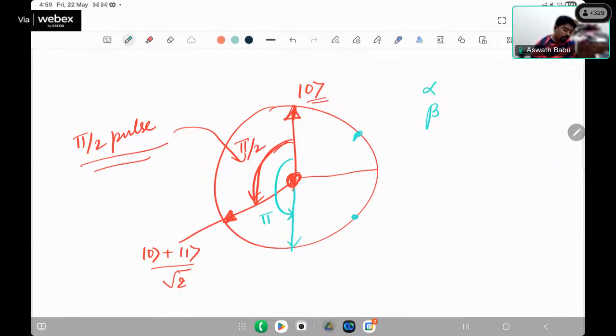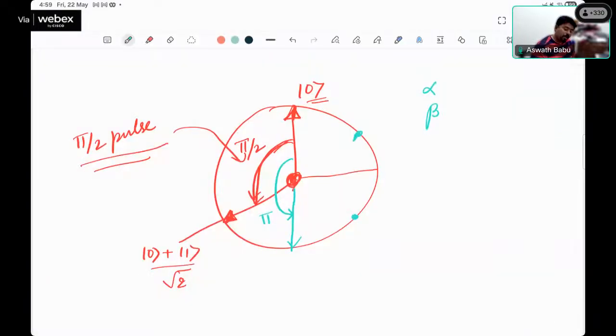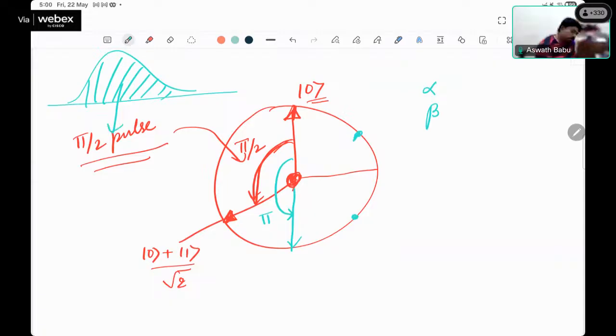So basically, you are playing with the pulse area. What is the pulse area? If I have a pulse, it is going to have a certain amount of area. If you integrate the area under the envelope of the pulse, it is going to have a pi by 2 or pi value.